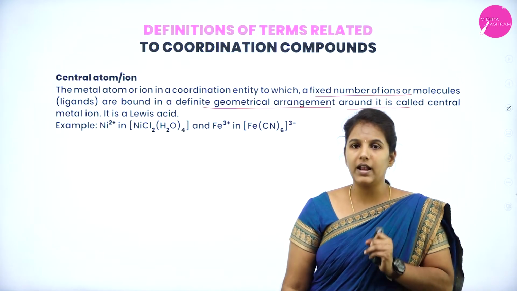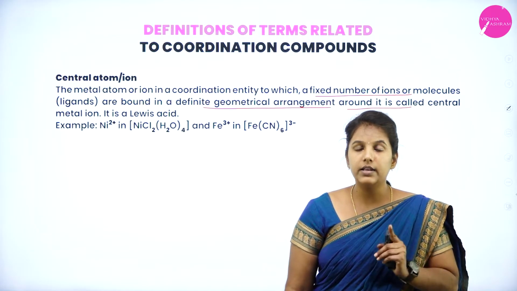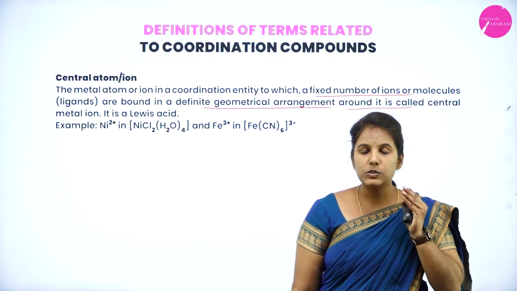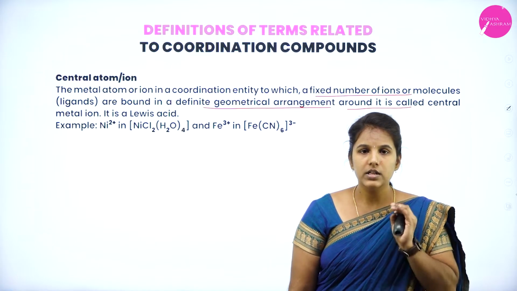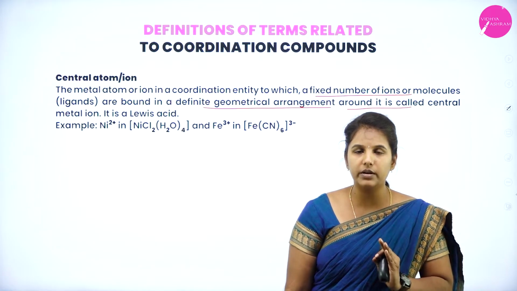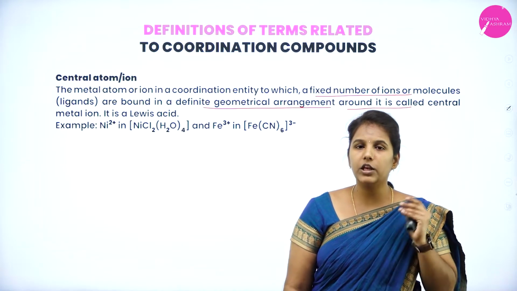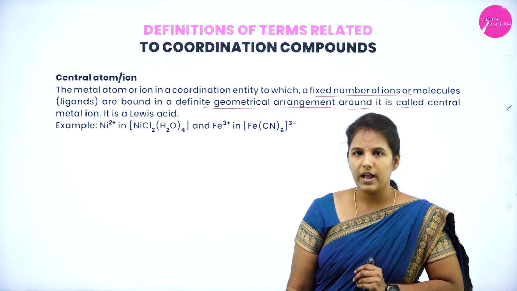In my last example I wrote 3 different ligands with 3 different counter ions. They should be arranged in a specific geometry to form a specific structure around that central metal atom. Then only can we say it is the central atom.